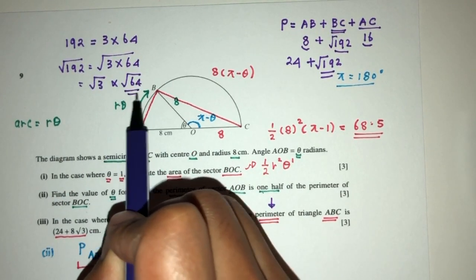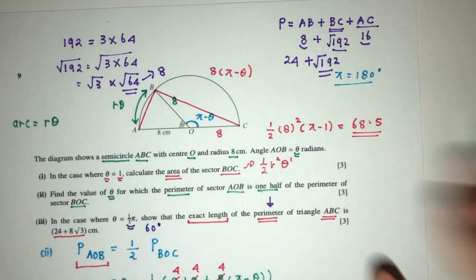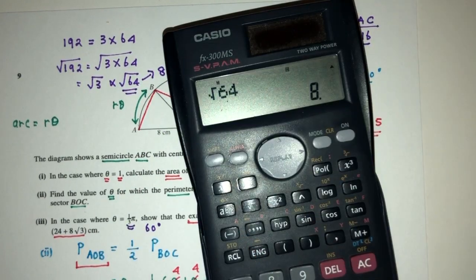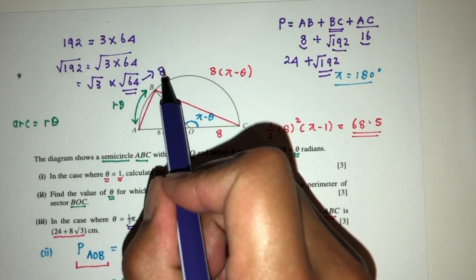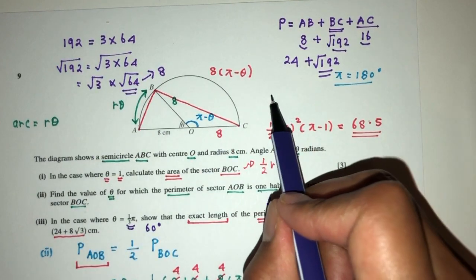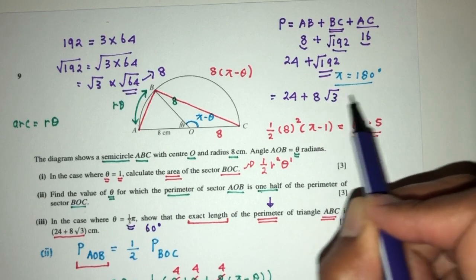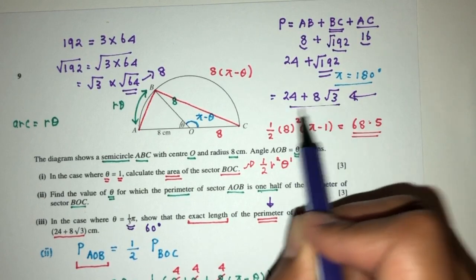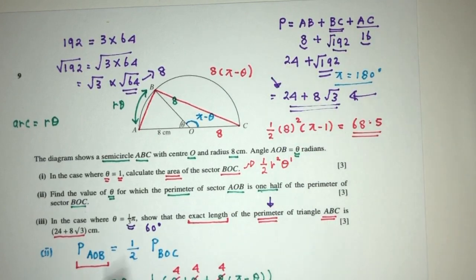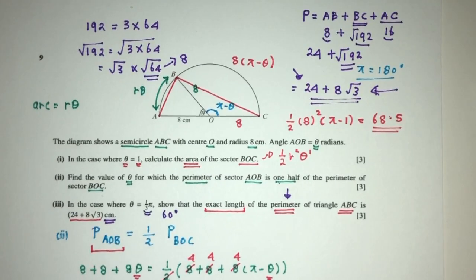And now we know this is exactly equal to 8. Root of 64 will be 8. So it means that this will be 8 times this. So the answer will be 24 plus 8 root 3. Okay, here you go. This will be your answer, as required for the perimeter of triangle ABC.